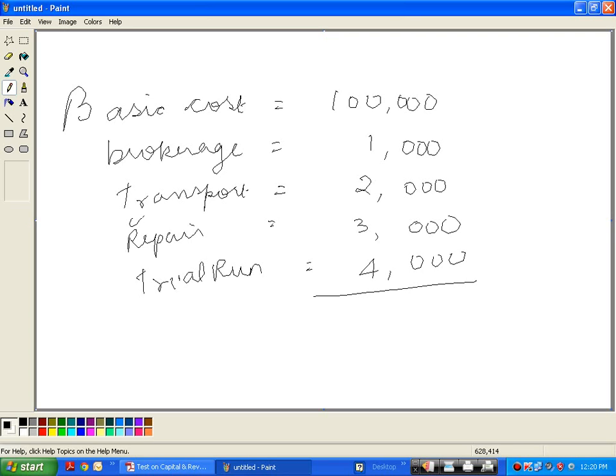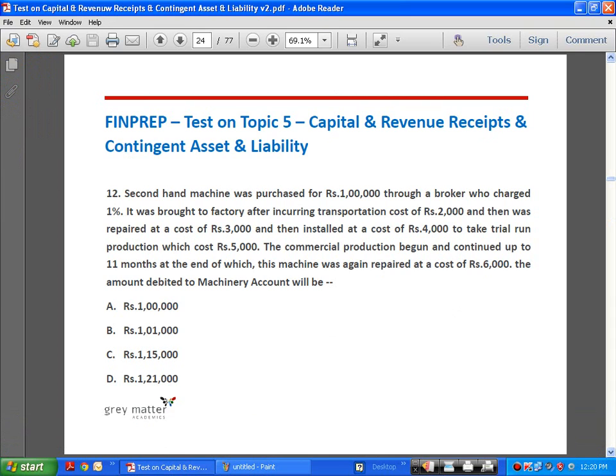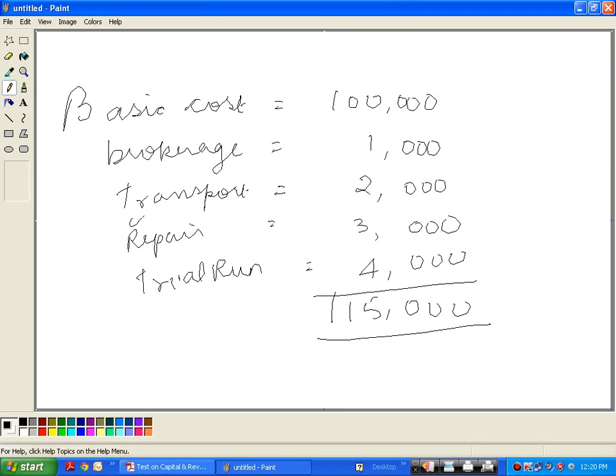Okay, so 1 lakh and 15,000 rupees, right? No, sorry, there is one more 5,000 that is incurred. Let me just take a look at that. Okay, installation cost is 4,000 rupees. I forgot the installation cost.